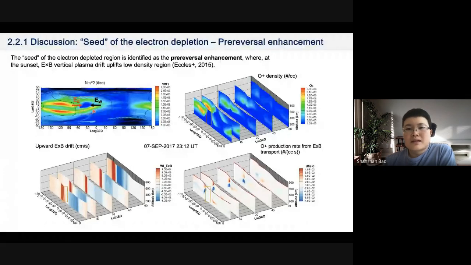So this is a classic scenario of the pre-reversal enhancement. When this happens, the upward E-cross-B drift will deplete the O plus density and generate a low plasma region in the first place.